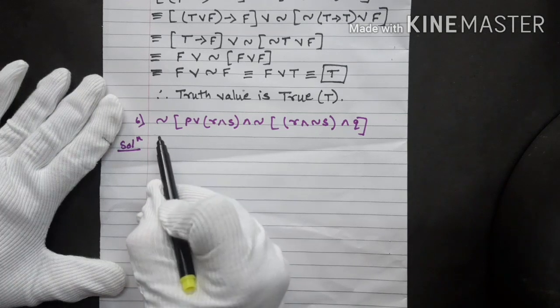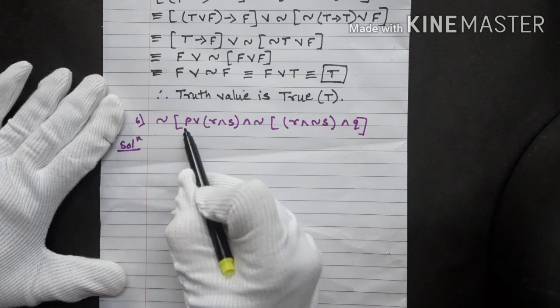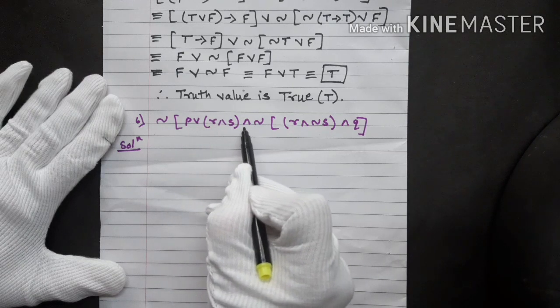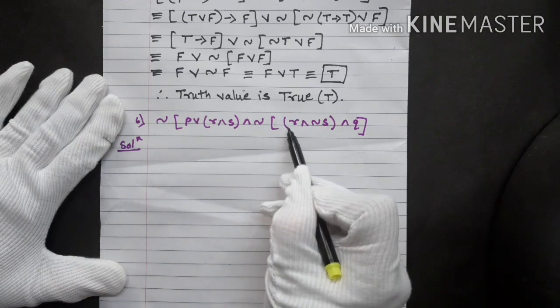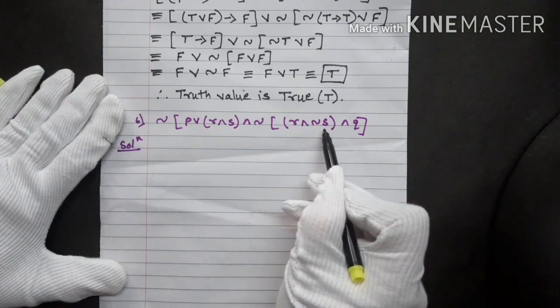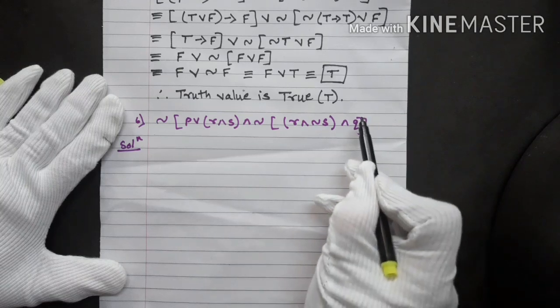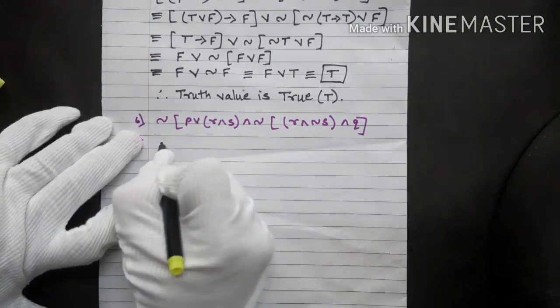See, negation into square bracket P or into another bracket R and S, and negation into another bracket again into the round bracket R and negation S, round bracket complete, and Q, square bracket complete. So let us first copy the question.